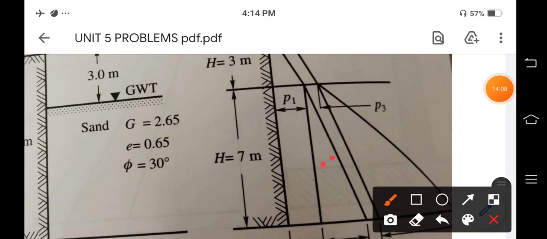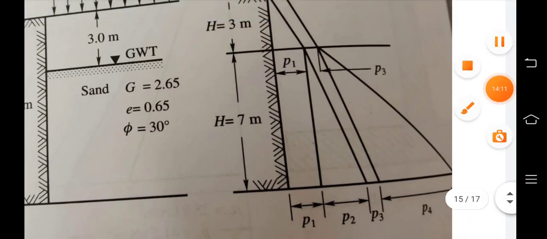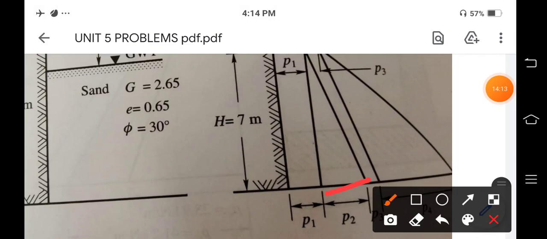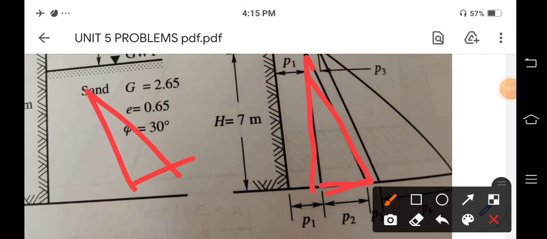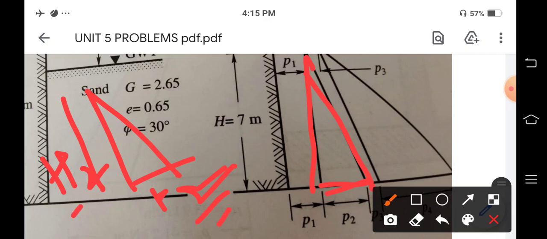Here the base is P2 and the height is H2. We have to calculate the area. So, the area will be 1 by 2 P2 H2, where H2 is 7.